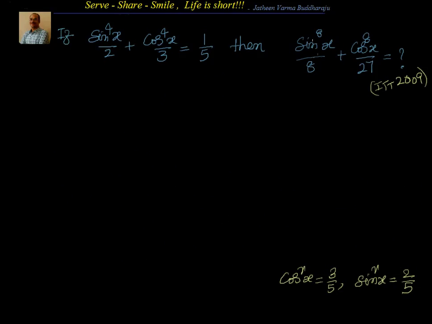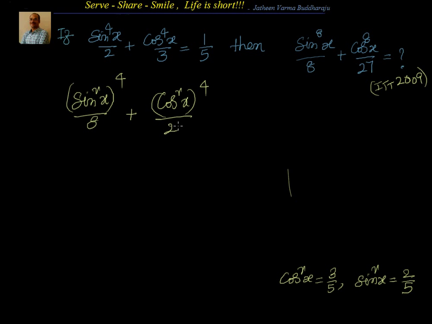Now let's substitute the values of cos square x and sin square x in what we need. We have sin to the power of 8x, so can I write it as sin square x whole to the power of 4 divided by 8 plus cos square x whole to the power of 4 divided by 27. This is what we have to find out.